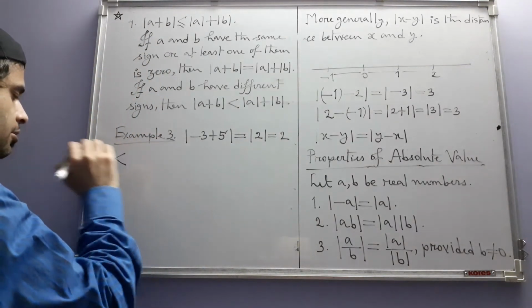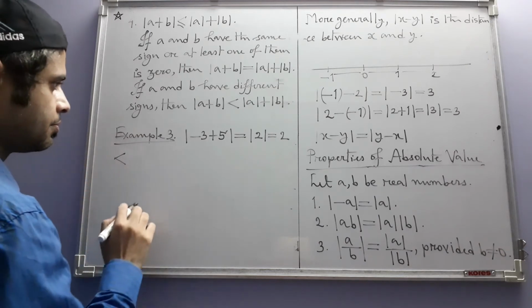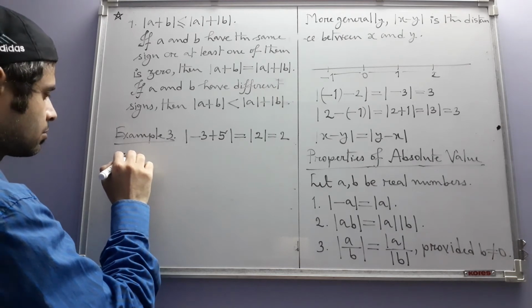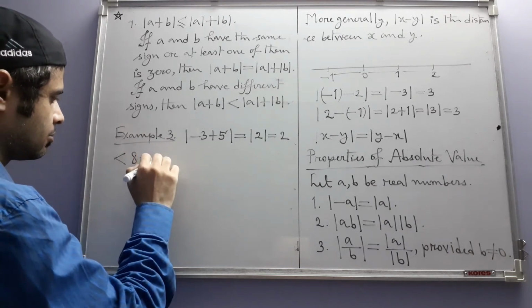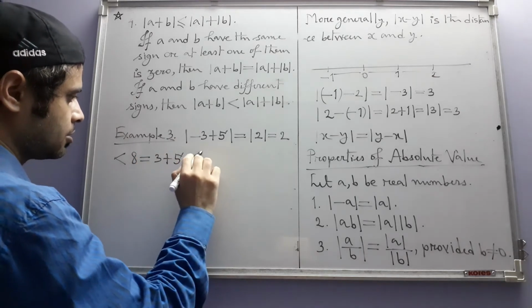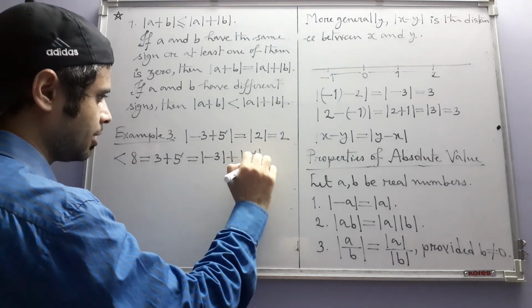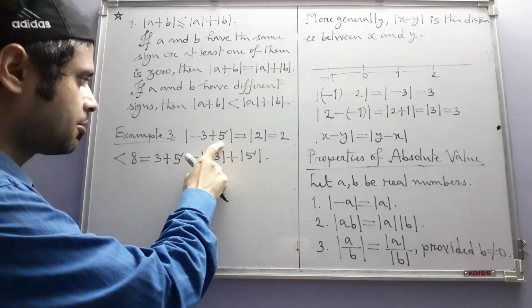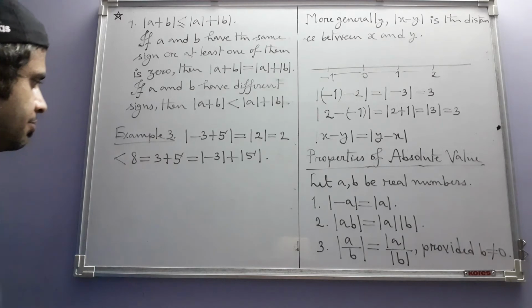However, this is strictly less than 8, which is 3 plus 5, and this is equal to absolute value of minus 3 plus absolute value of 5. So here the signs are different. 5 is positive, minus 3 is negative, so we have strict inequality.